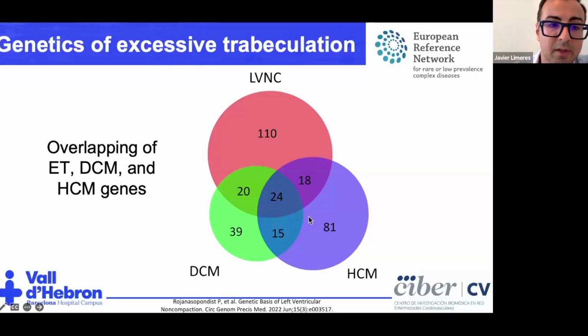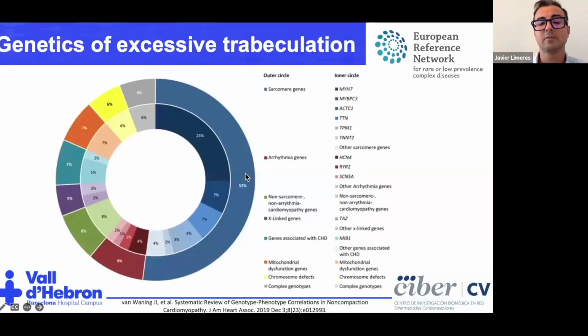There is an overlap with the other cardiomyopathies, and you can find all kinds of proteins altered for these genes.